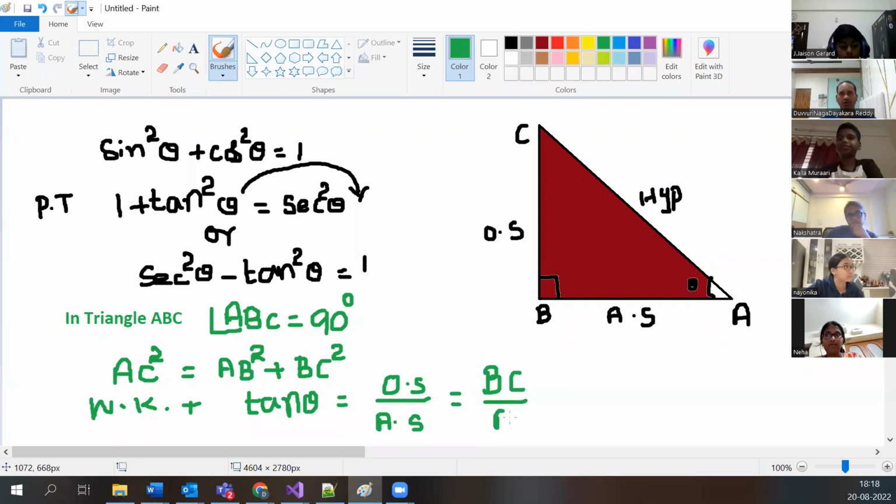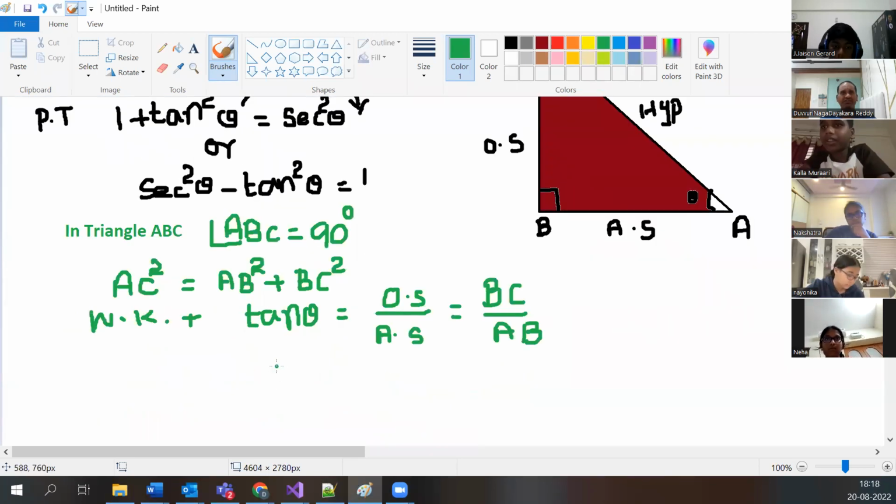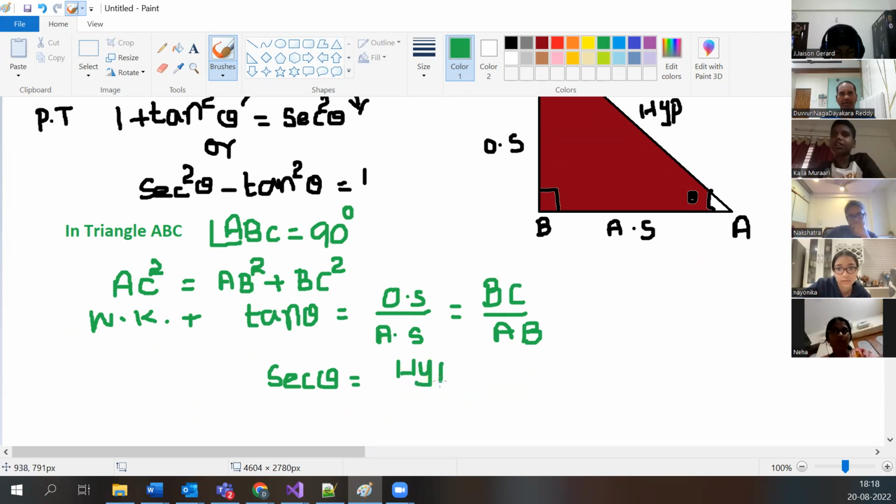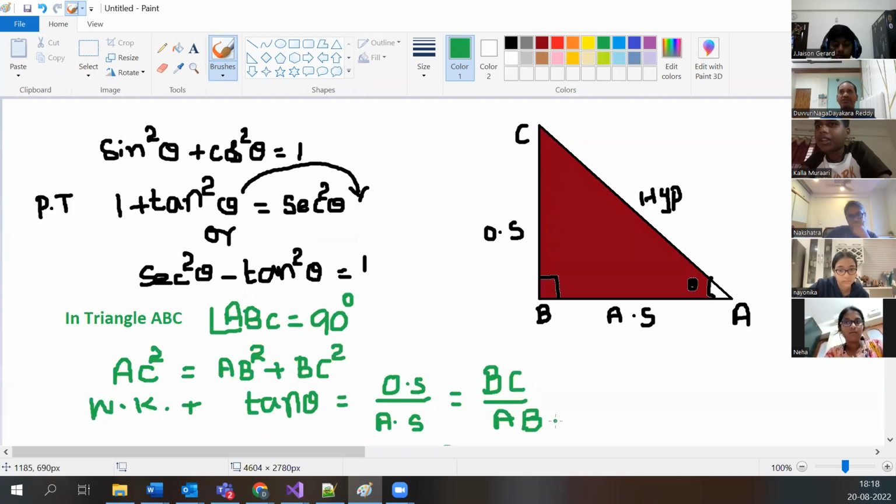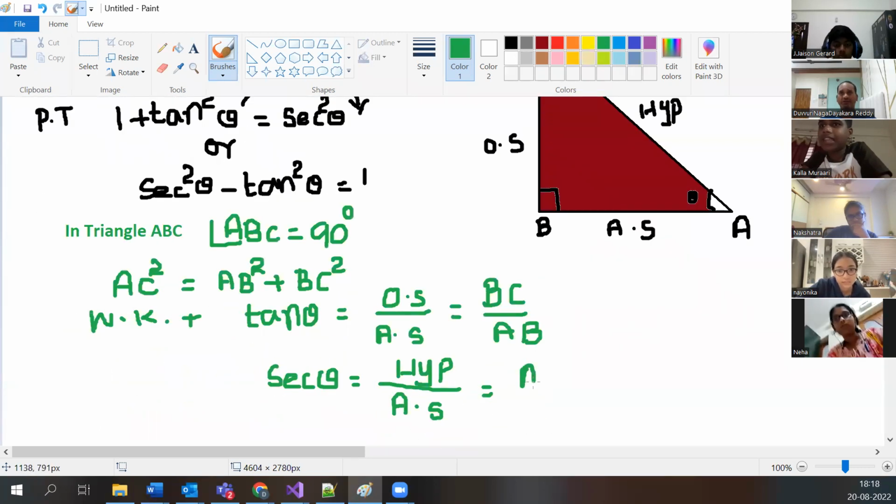Very good. What else should we know? What is the definition of secant theta? Hypotenuse by adjacent side. The hypotenuse here is AC, so AC by AB. Please copy till now. Proof.